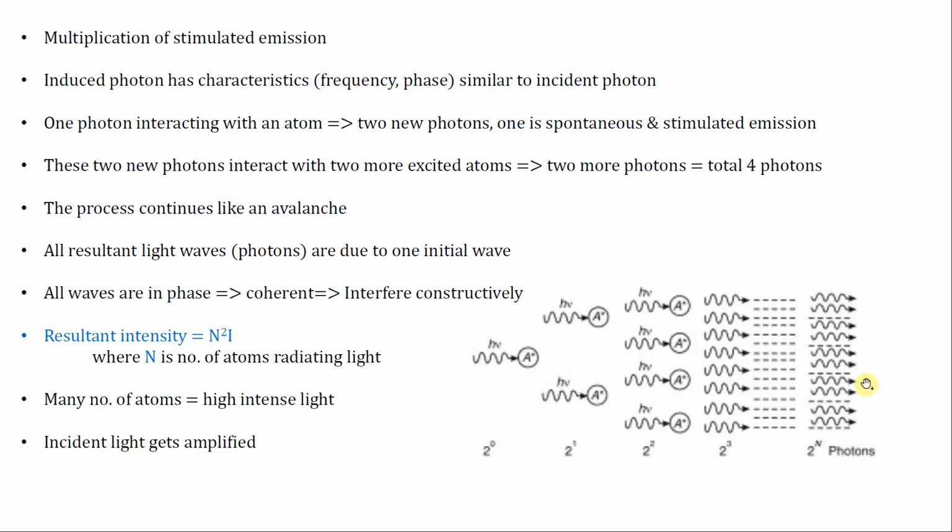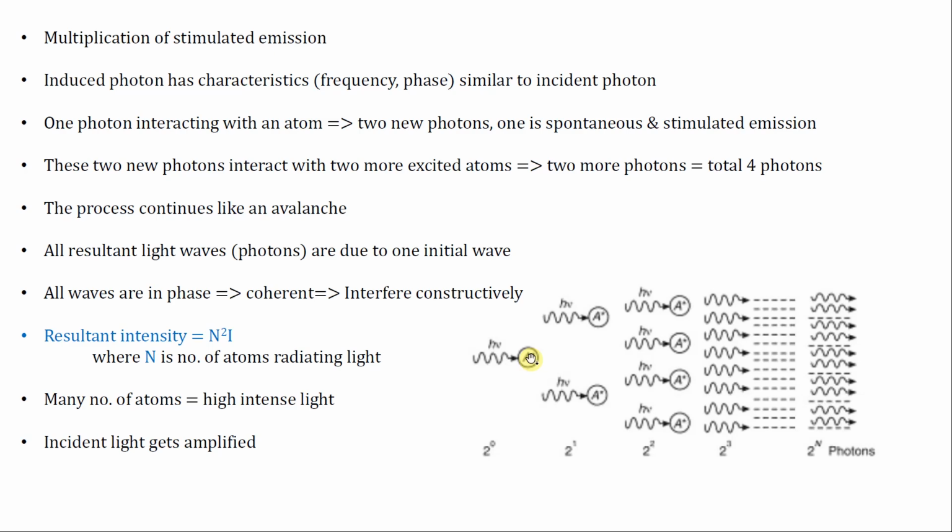So multiple stimulated emissions can happen. If I consider the incident photon had an intensity, say capital I, then 2 to the power of n photons have been produced, so the resultant intensity is n square I, where n is the number of atoms. If you have many atoms, you can get very high intensity light.